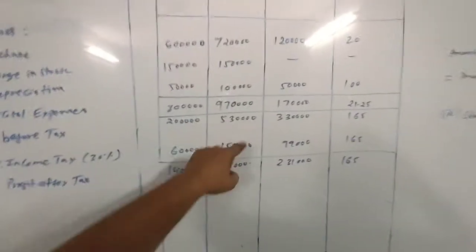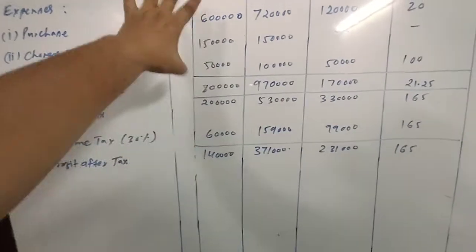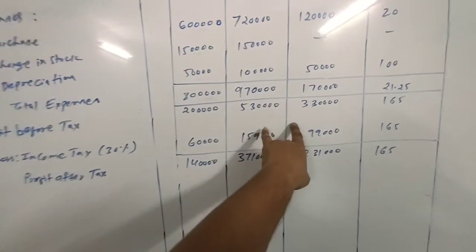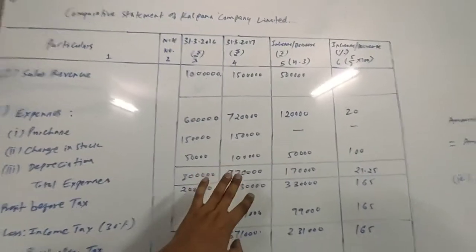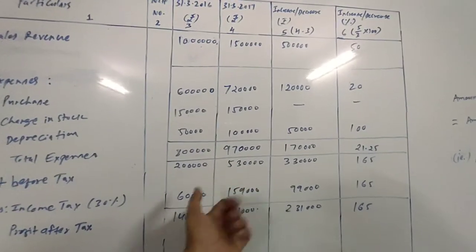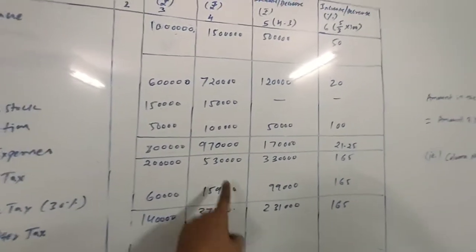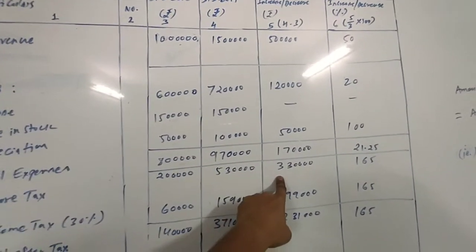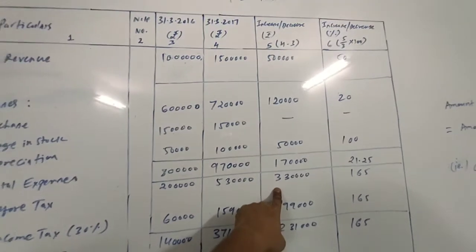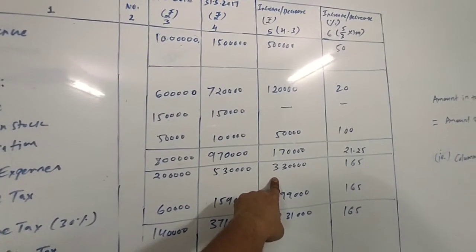Now let us talk about profit before tax. So profit before tax, either you find the difference or you can find it by the amount. If you find the difference, you don't need to find any balancing amount. Here 5,30,000 is given in the year 2017 and 3,30,000 is the increase.